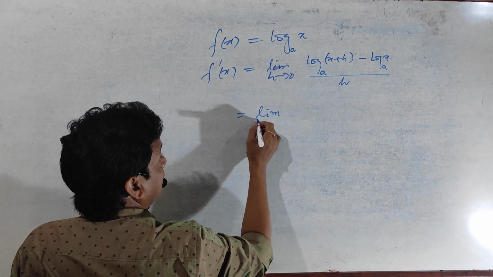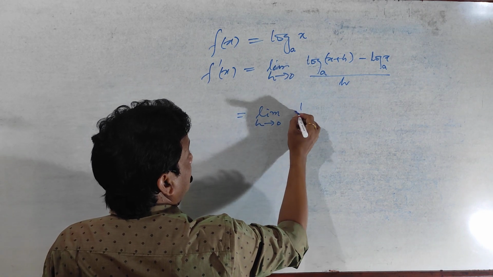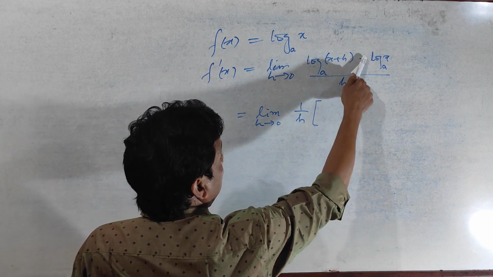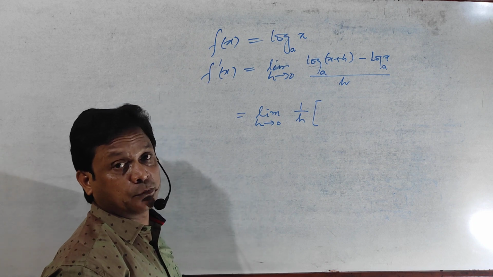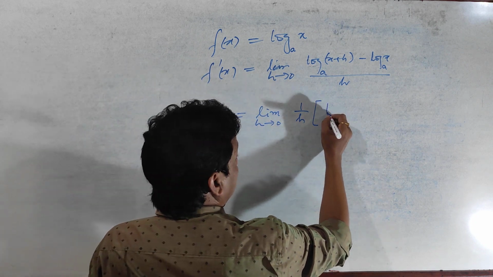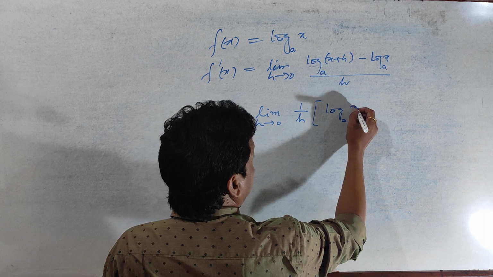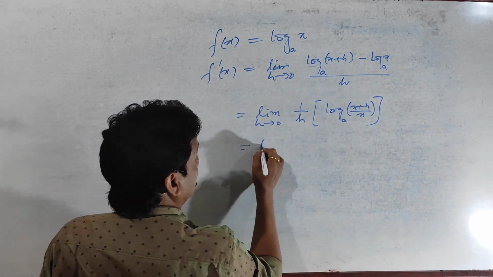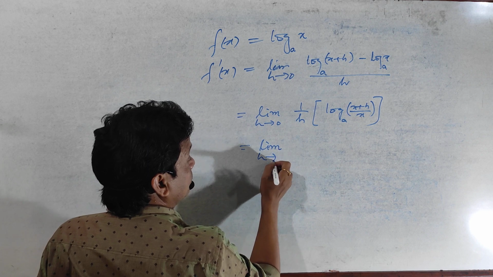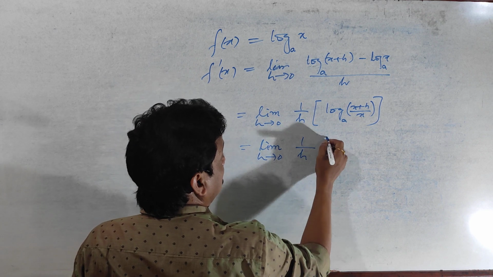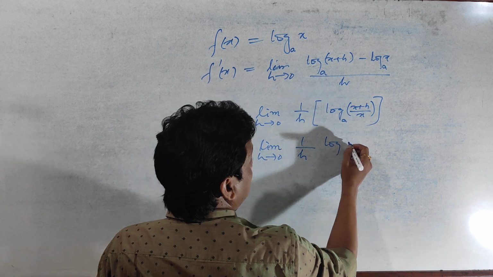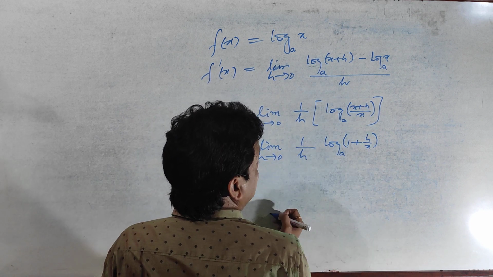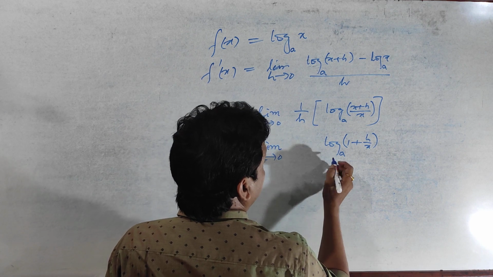So limit h tends to 0, 1 by h, log a minus log b is log a by b. So log base a of (x plus h) by x, which is limit h tends to 0, 1 by h, log (1 plus h by x) to the base a.